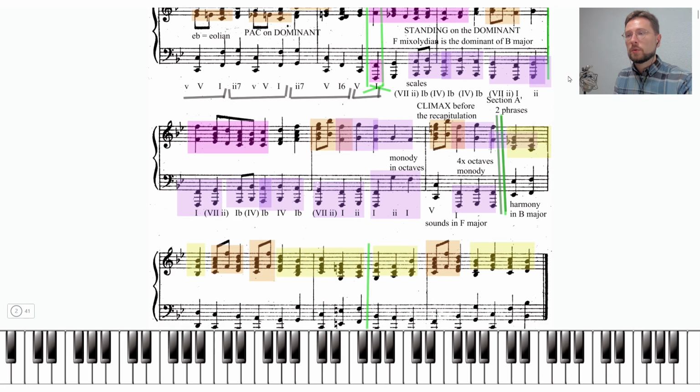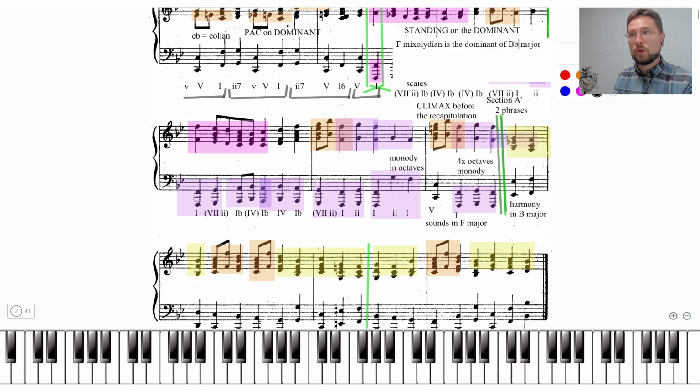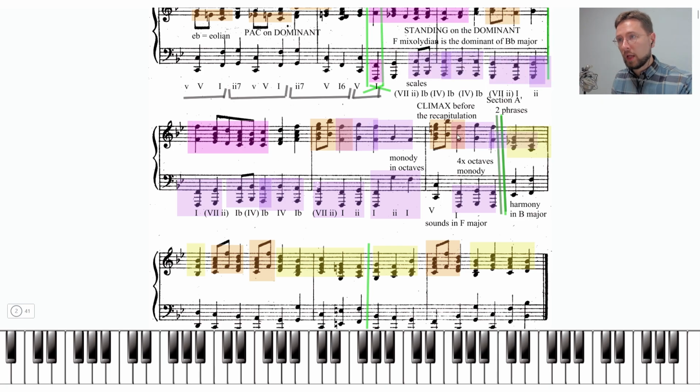So all of this is a prolongation of this F tonic, which is the F Mixolydian, but the tonic F is a dominant in B flat major. That's why we're talking of this standing on the dominant, because it's a prolongation of the dominant area.